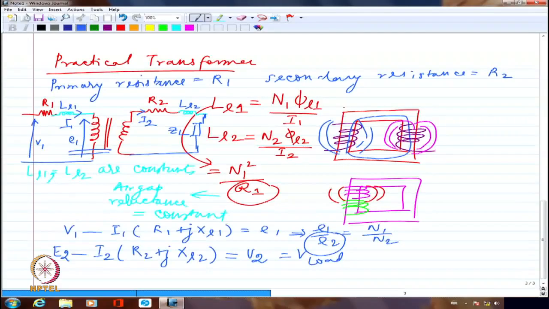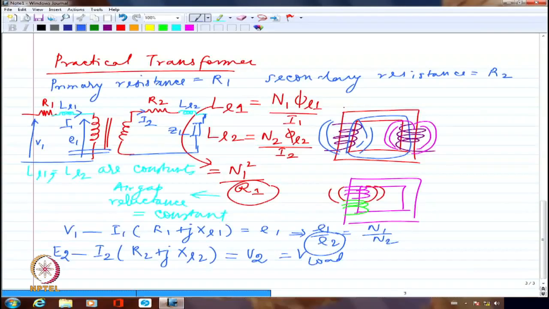How much ever negligible it may be, but when we actually calculate this for thousands of amperes of current, although the resistance may be only 0.1 ohm or 0.01 ohms, still it adds up and it comes to somewhat not such a negligible value. So we have to take care of that.